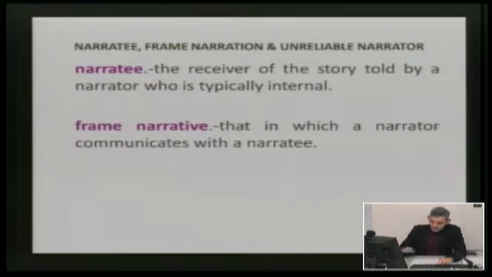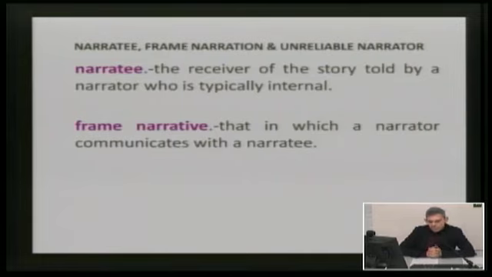And frame narrative is a narrative in which a narrator communicates with a narratee. So this is very clear if we look at Heart of Darkness. In the opening passages in which Marlowe talks with a group of sailors, that would be the frame narrative.